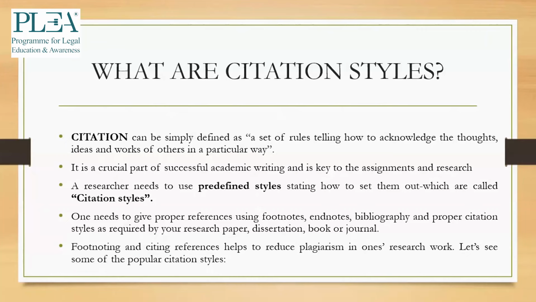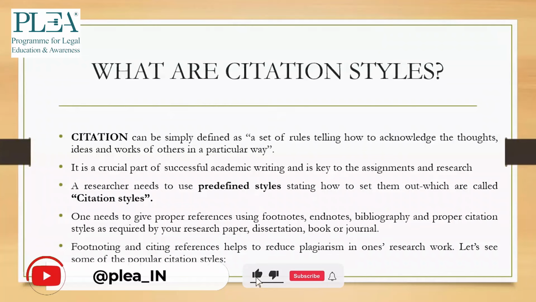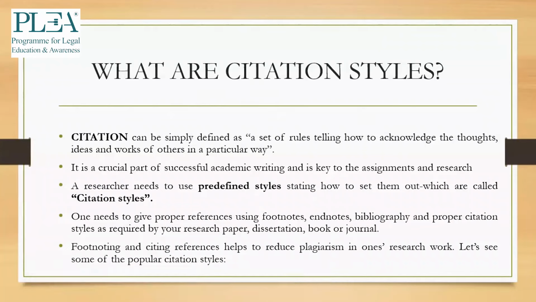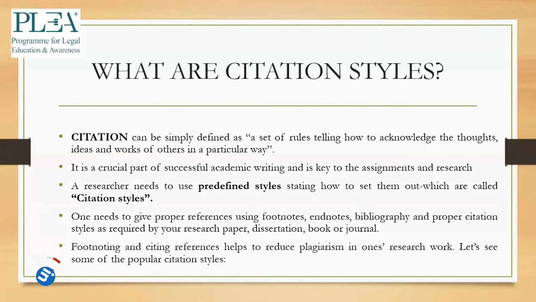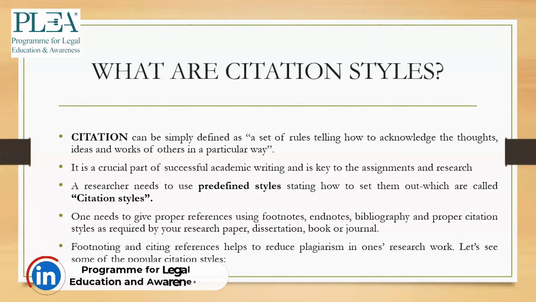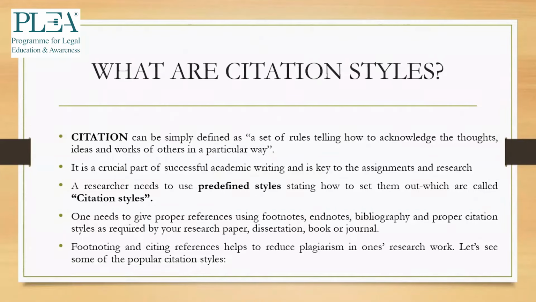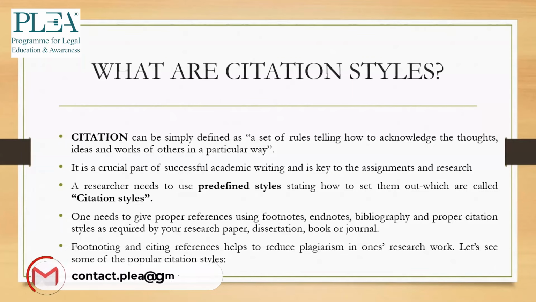You cannot add anything and everything in your research, you cannot make it too long and too vague. That is not possible. So in order to cut short on the number of words and paragraphs, what can you do? You can just put a footnote or an endnote and give a reference: for more knowledge on this particular topic, you can go to this link, or for more on this particular case law, you can read this particular case analysis and you can give that link.